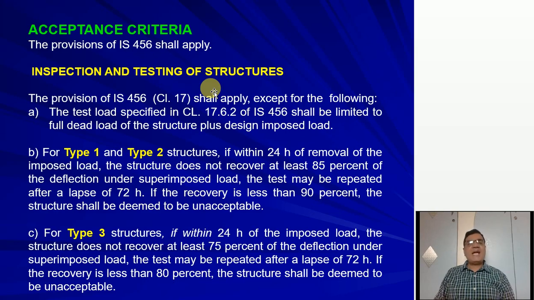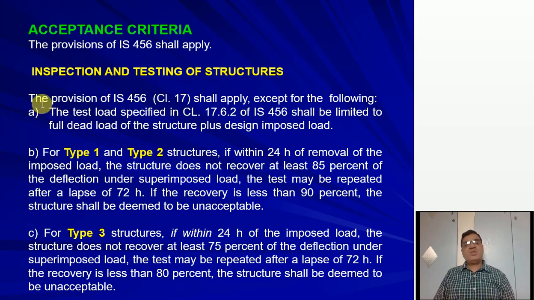Well, acceptance criteria. Acceptance criteria means whenever we construct the member later on, we can do the actual application of the loads, and whether the structure is accepted or not, for that some clauses are given in IS 456 also, which are extended here in IS 1343.